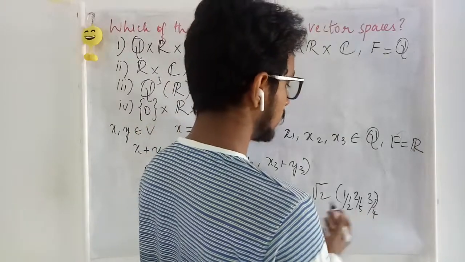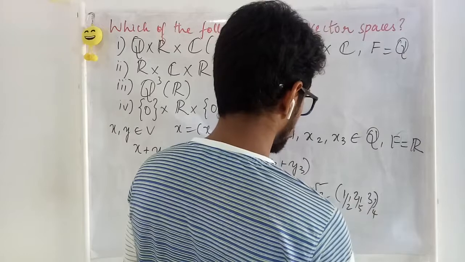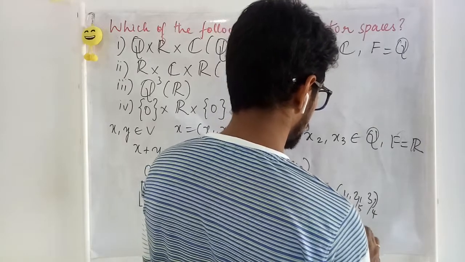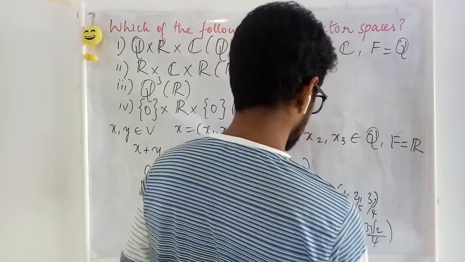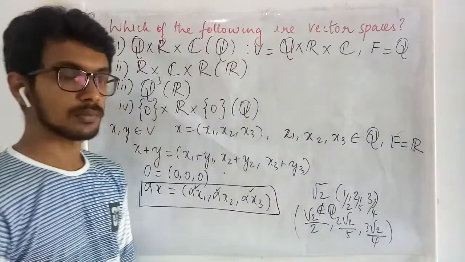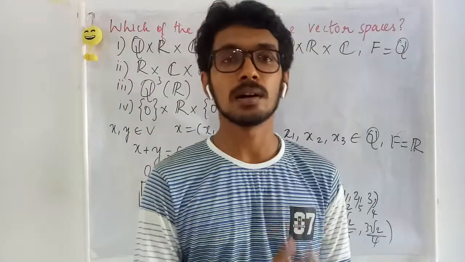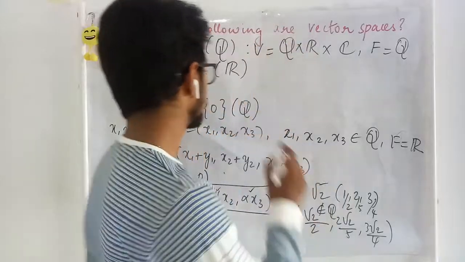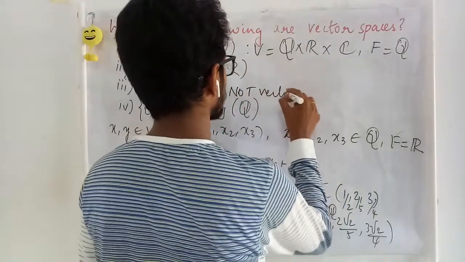When I multiply, what I am going to get is root 2/2, 2 root 2/5, 3 root 2/4. These are not members of Q. The scalar multiplication is itself not well defined in this case. Hence, it is not a vector space.